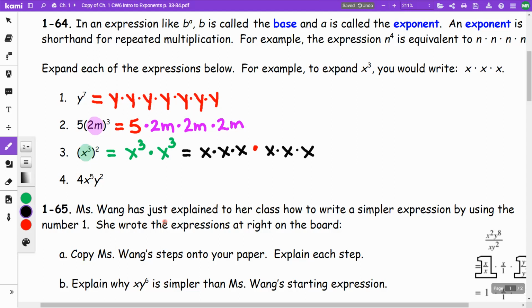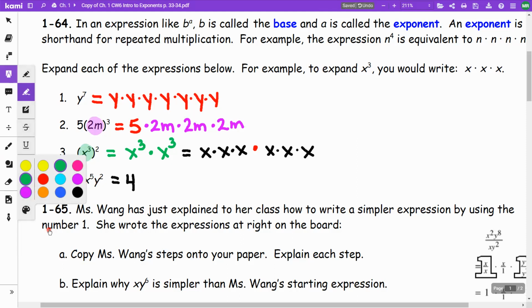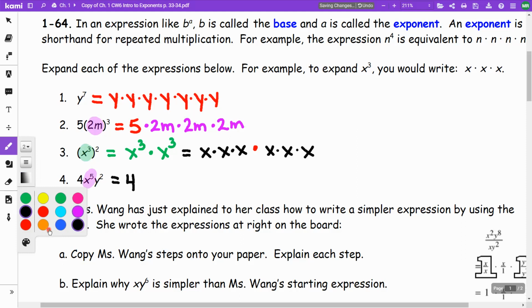On number 4, the 4 is not being raised to the power 5, only the x's. The y is the only thing being raised to the power 2. So this is going to be 4, and then this x to the 5th is going to be x times x times x times x times x.